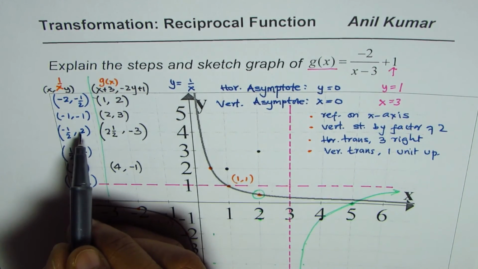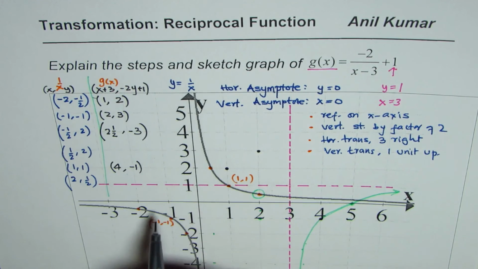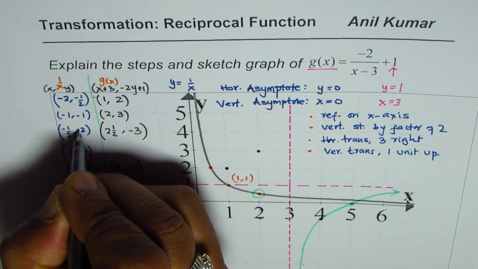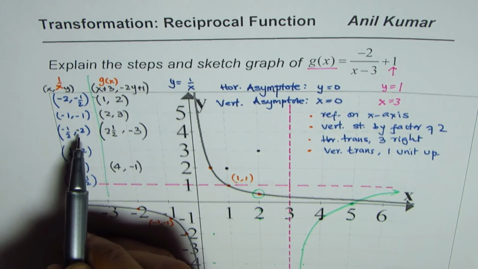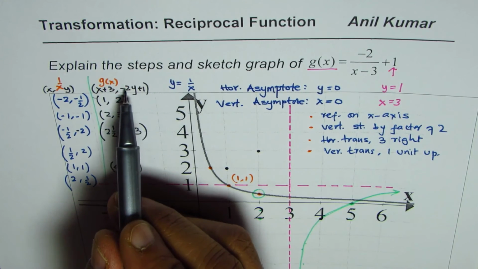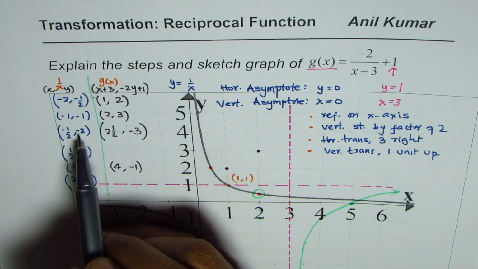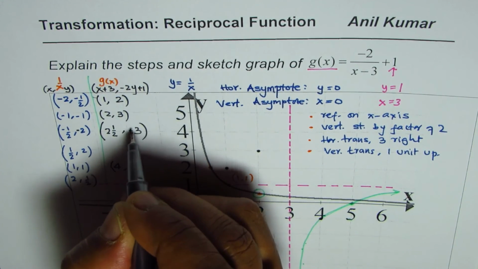I'm sorry, the value 2 should have been negative here, right? So at -half it is -2, not +2. So that makes this difference, okay? So this point is (-half, -2). So when you multiply by -2, you get +4, and +4 plus 1 is +5, right?